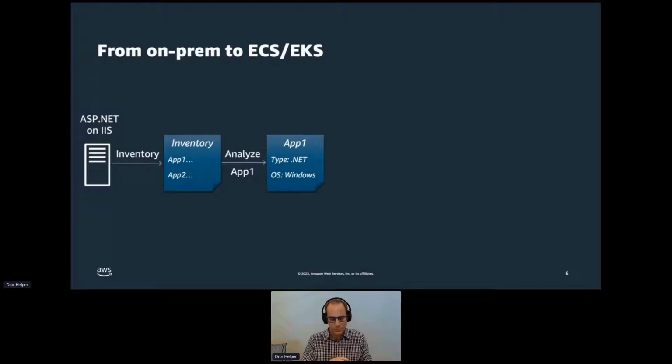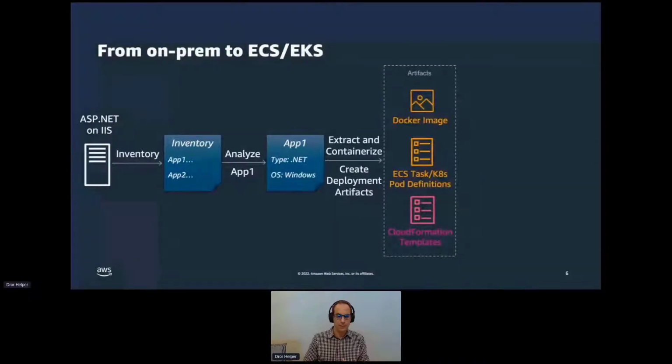And all of those will help me understand what I need and whether or not that process has found everything, and I can tweak it by adding more information or updating the found information before progressing to the next step, in which I'll extract the application, essentially copy it somewhere to another folder, and then containerize it using Docker.